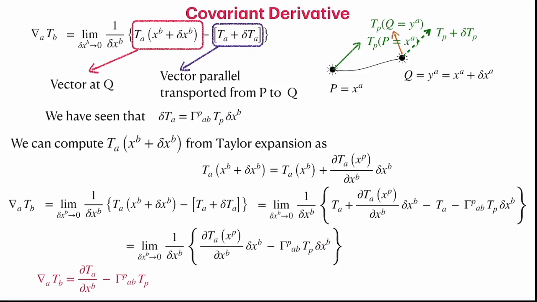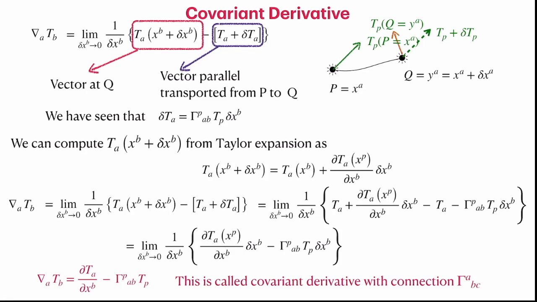That is, the covariant derivative of a vector field is given by the partial derivative of that vector field with respect to position minus the connection coefficients contracted with the vector component T^P. This is the definition of our new differential operator, and it is called covariant differentiation with the connection gamma^A_BC.